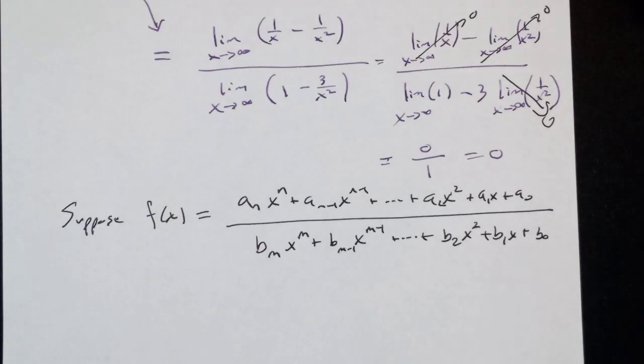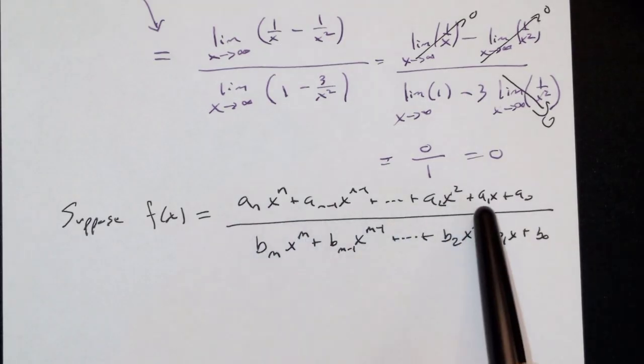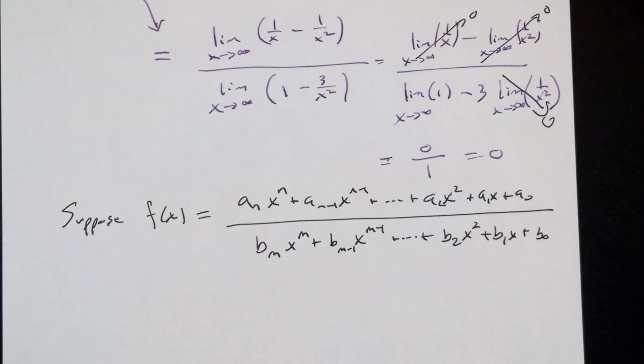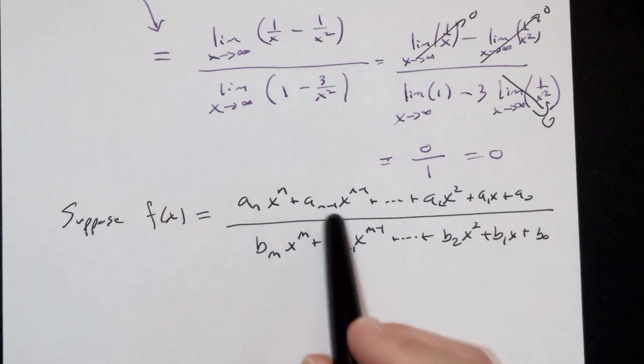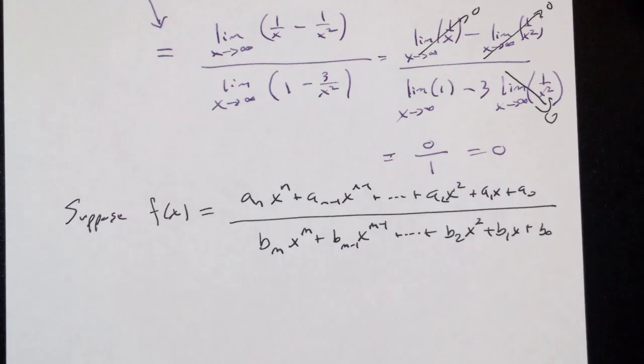No. Hang on. These are polynomials where these A's are numbers, and I'm just using the subscript to keep them with the right power. So AN is the number in front of x to the n. A2 is the number in front of x squared. A1 is the number in front of x. AN minus 1. So if this started with x to the 7th, then AN minus 1 would be A6 going with x to the 6th.